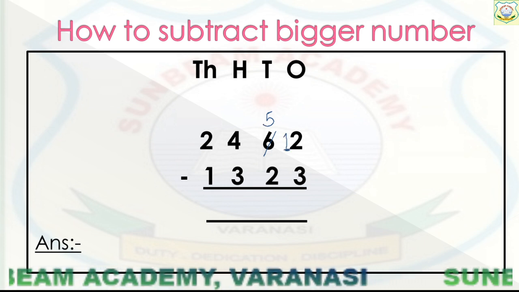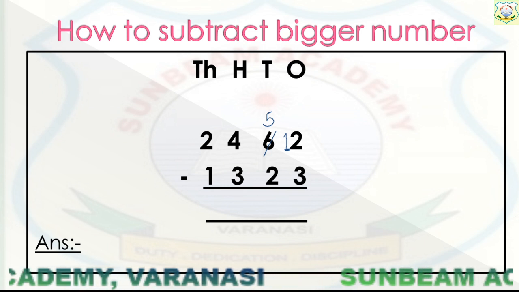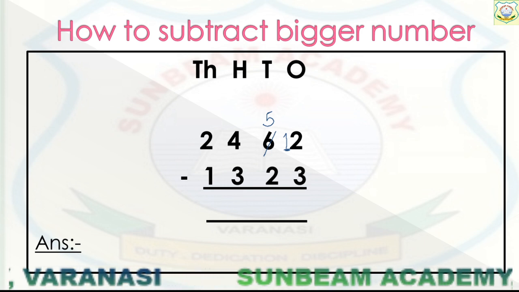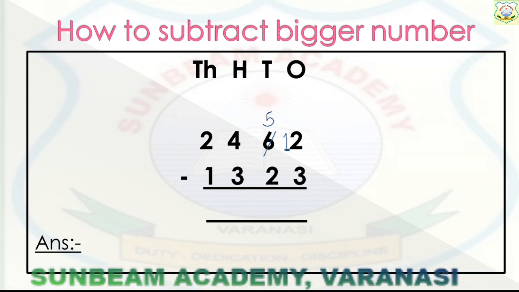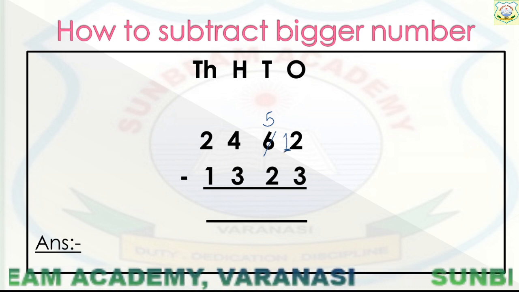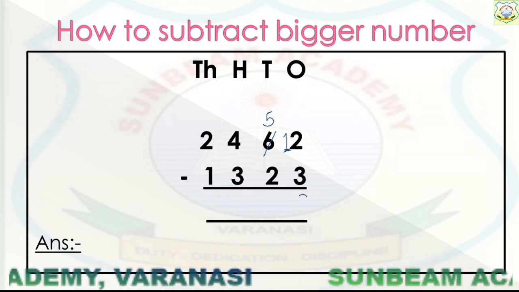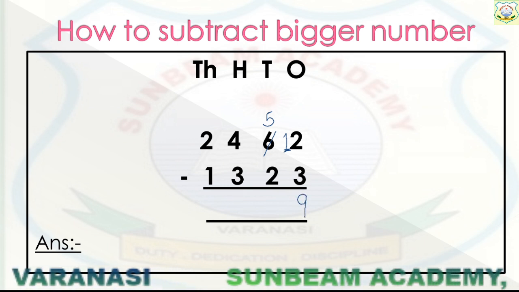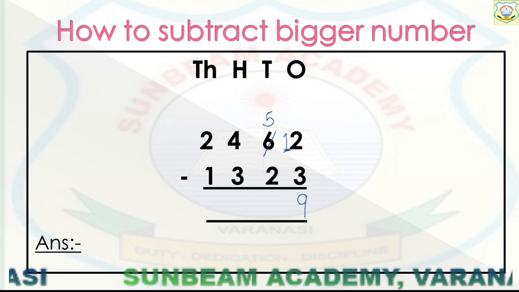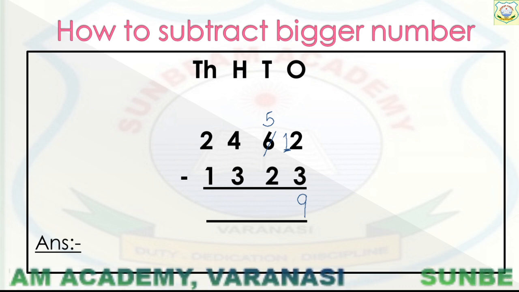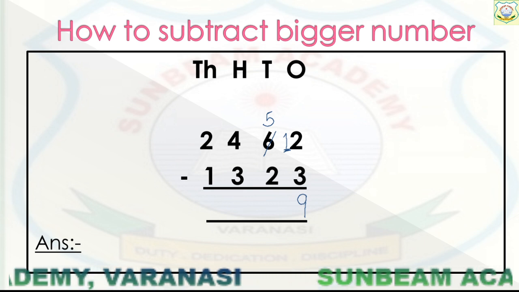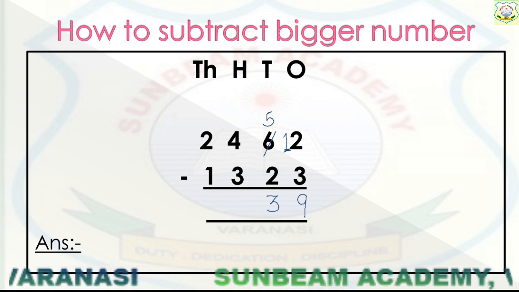Now the 2 becomes a bigger number and a strong number. So now 12 minus 3 is, yes students, tell me, this is 9. Now next is 5 minus 2. If we subtract 2 from 5, we will get 3, right?